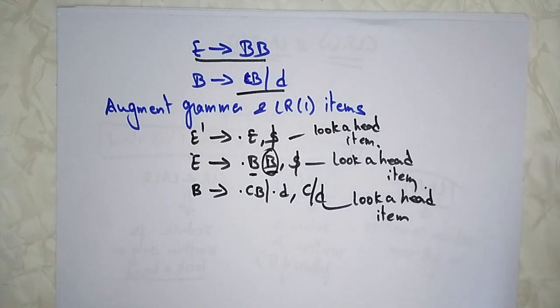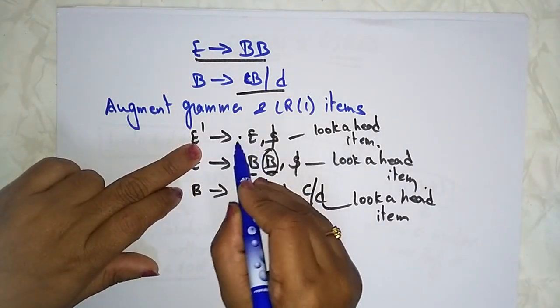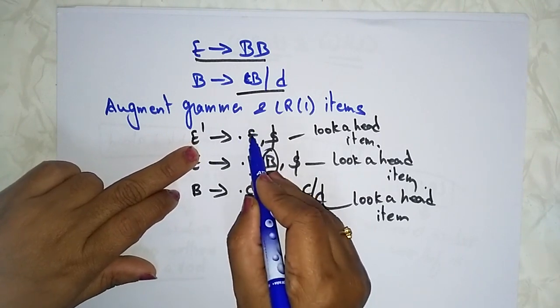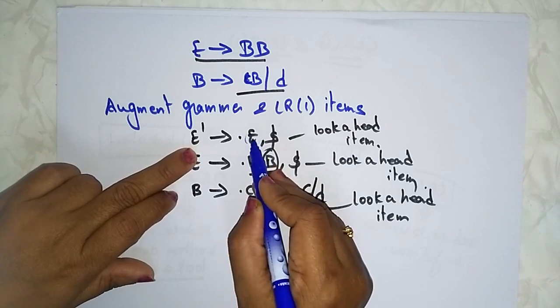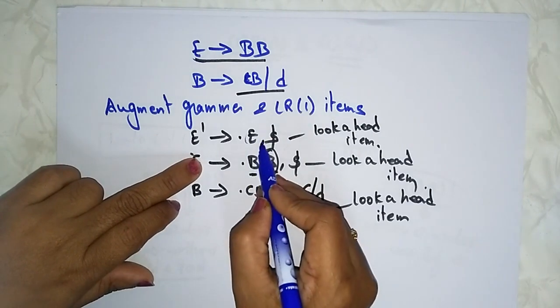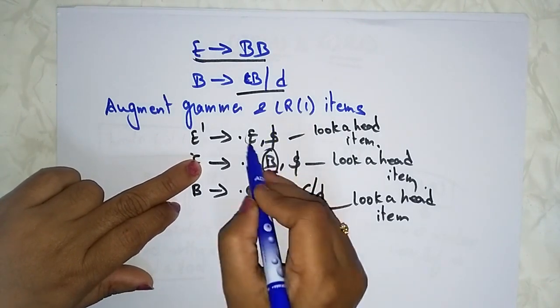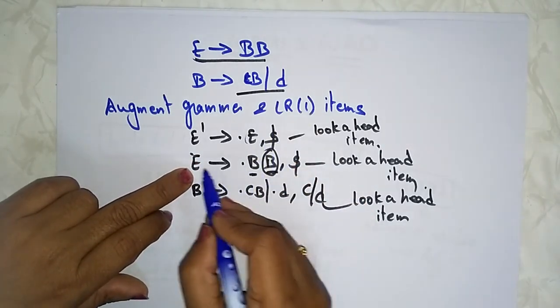Did you understand how these look ahead items have come? Here E' determines .E, and after the dot there is E, so you write all the productions for that non-terminal. After this E nothing is there, so take the empty string, that is the dollar.